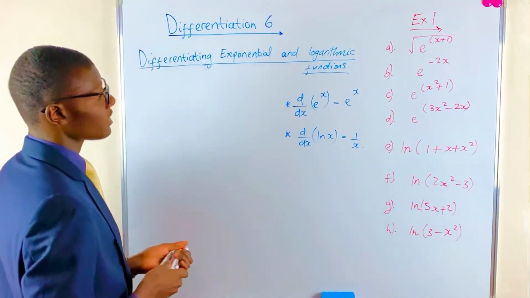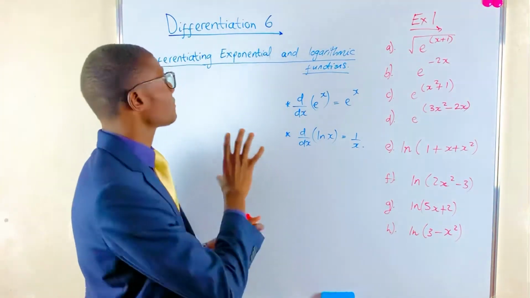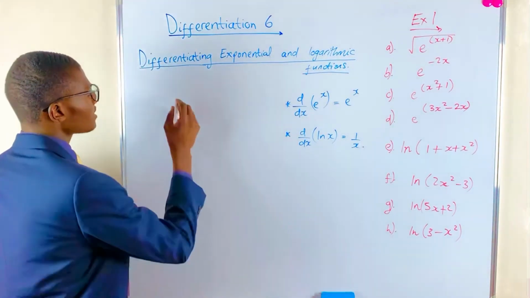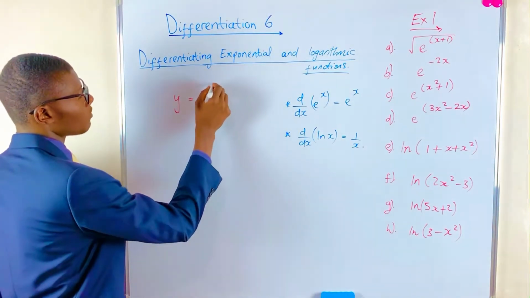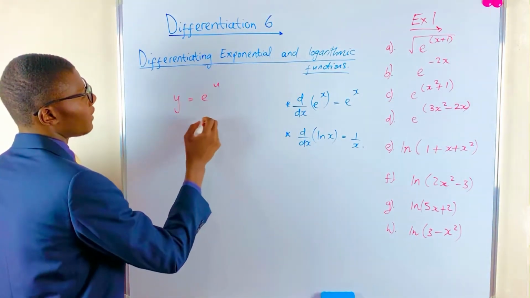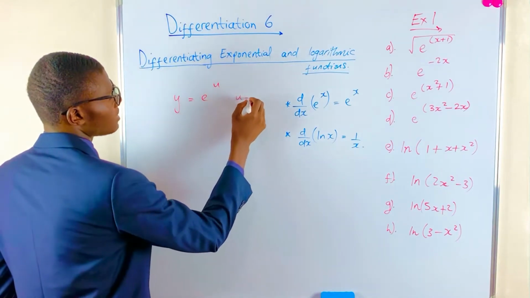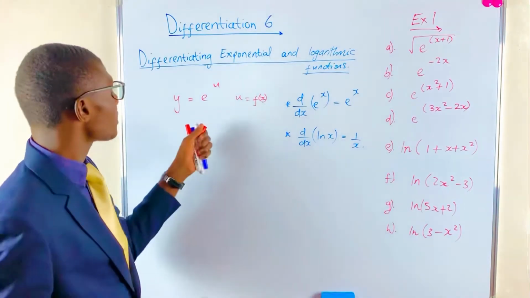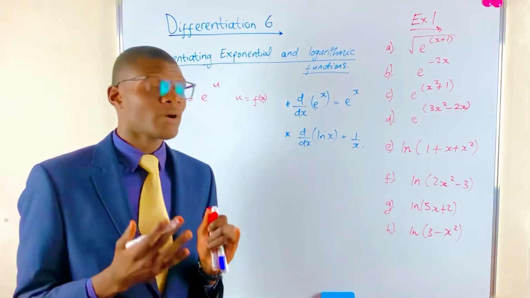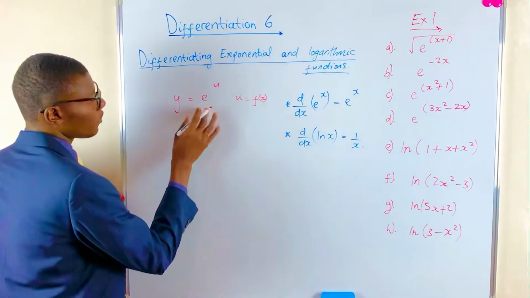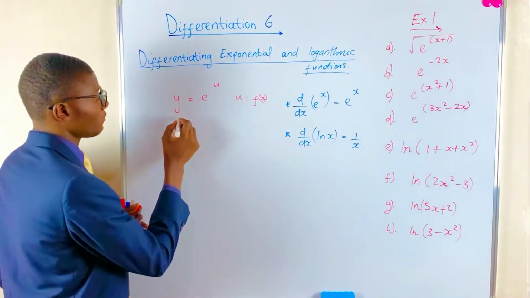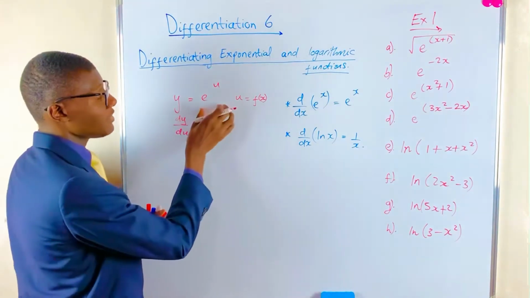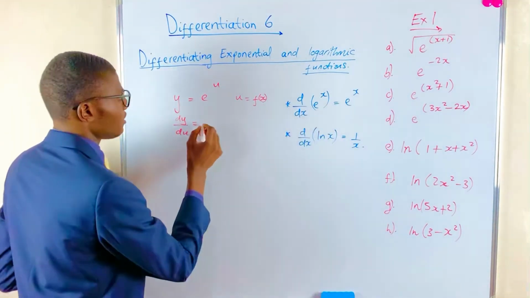For a function, we're going to start off by looking at differentiating exponential functions. Say y is equal to e to the power of u, whereby u is equal to f of x. Here we know we can use the chain rule to find dy by dx. So we find dy by du, for which the derivative of e to the power of u would just be e to the power of u.